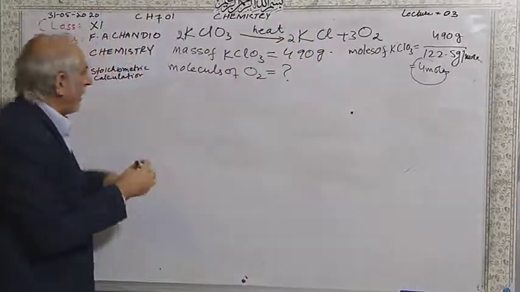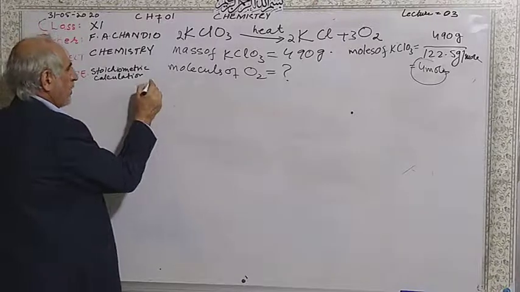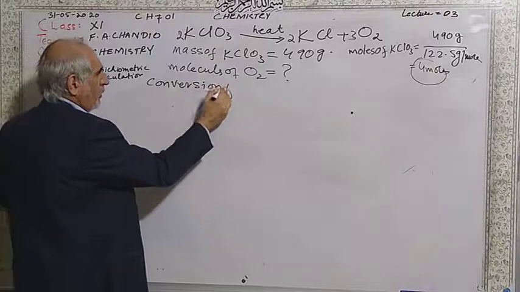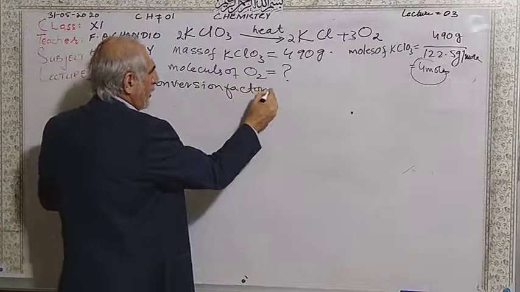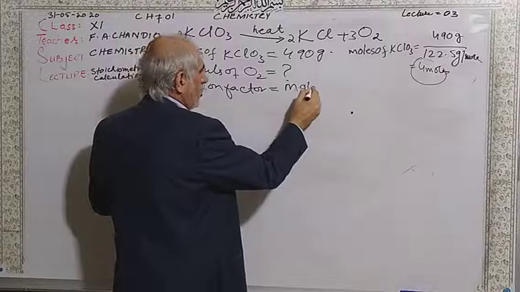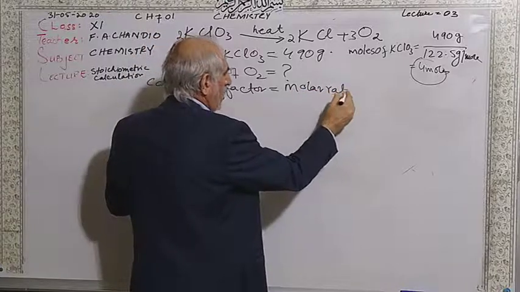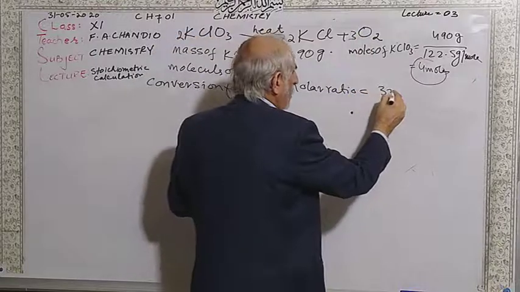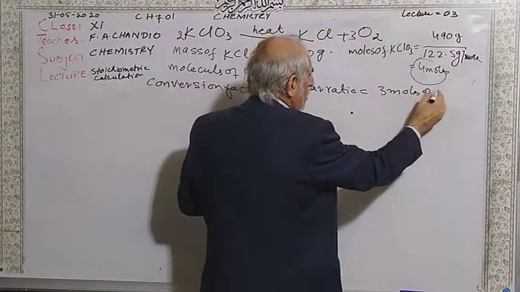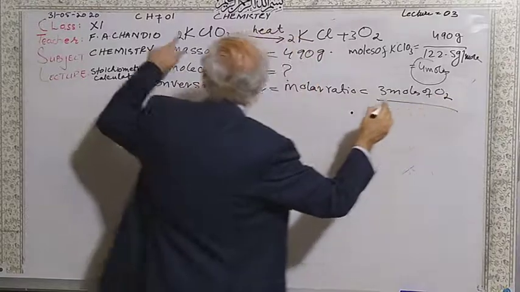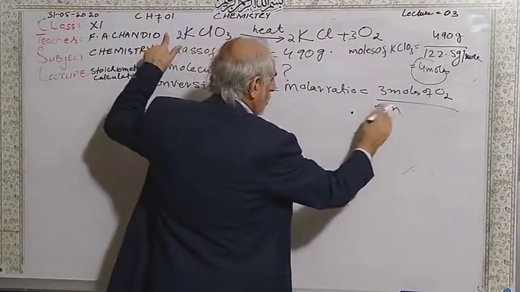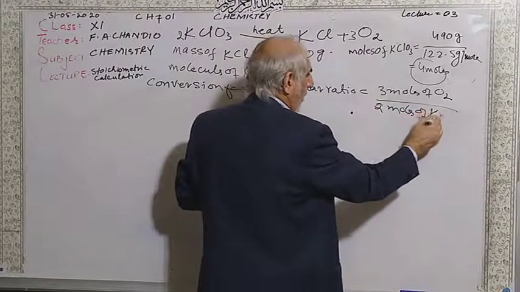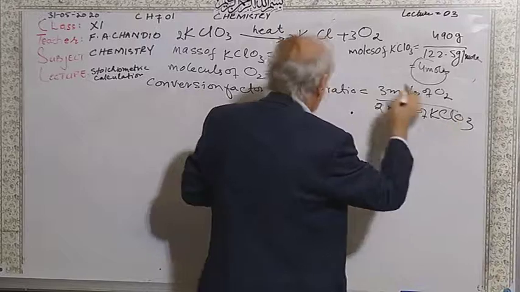So according to the conversion factor, which is the molar ratio, oxygen should be the numerator: 3 moles of oxygen divided by 2 moles of potassium chlorate.